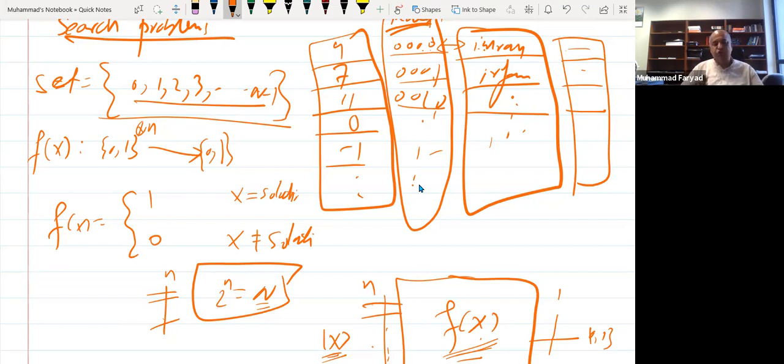And if it is not, you can always add some garbage values to the search space and make it equal to the nearest power of 2, so that we have a total of N entries in the search space.